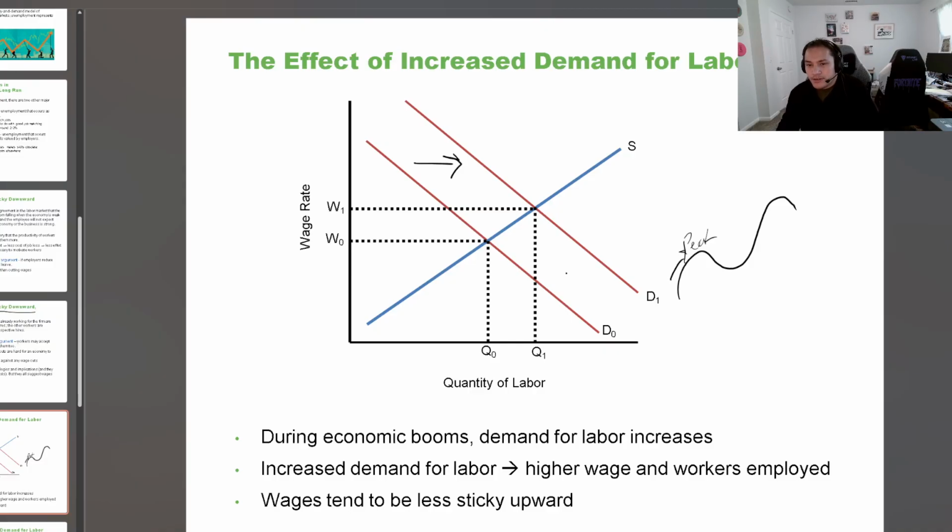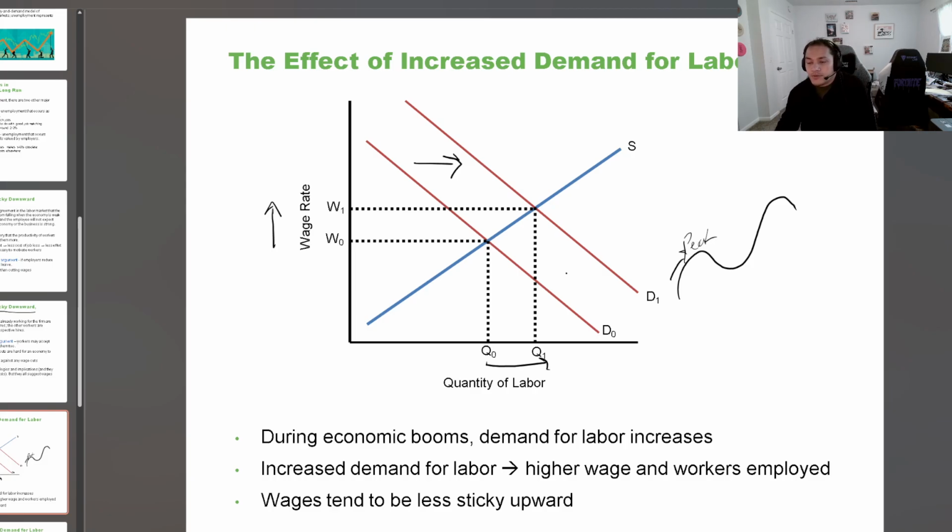As we see this increase in demand, that drives up the wage from W0 to W1. We get an increase in our wages because all of these firms want more and more labor. We're in an economic boom, everyone's purchasing goods, and so we need to produce a greater quantity of goods. In order to do so, we need to incentivize people to come work for us by offering a higher wage. So, this illustrates the context of a peak.